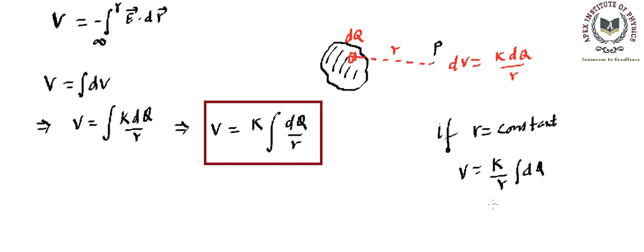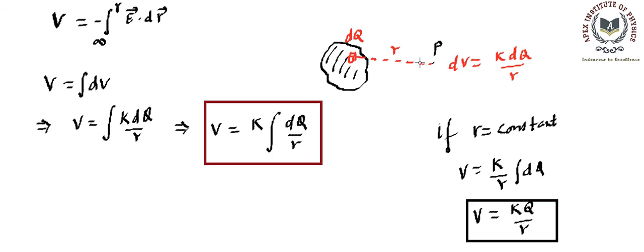If we integrate dq, that becomes the total charge, hence the formula is kq upon r. This formula will be useful in all those cases in which the charge is located at a particular distance from the given point. So this is just a case in which r becomes constant, so the formula is simply kq upon r.